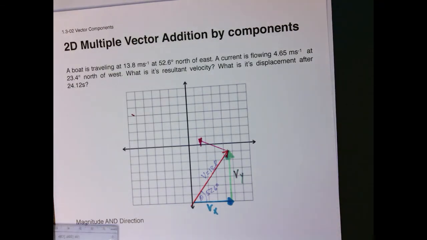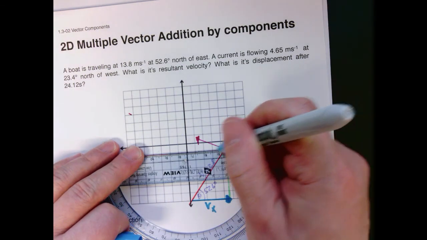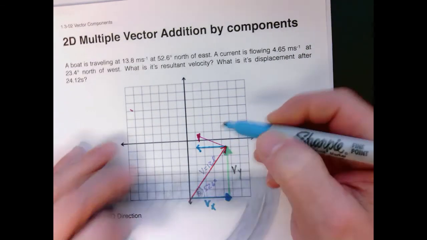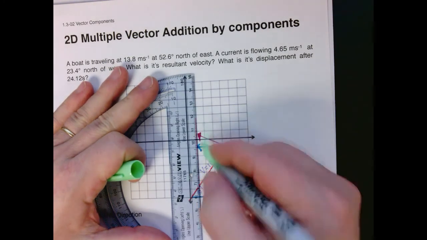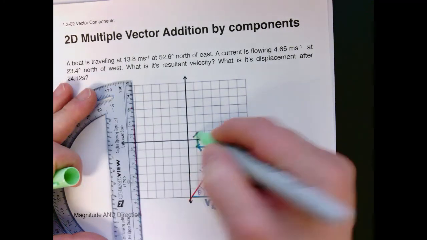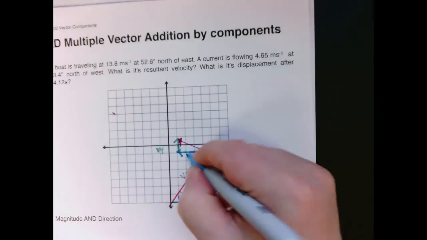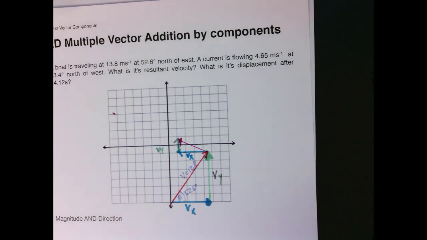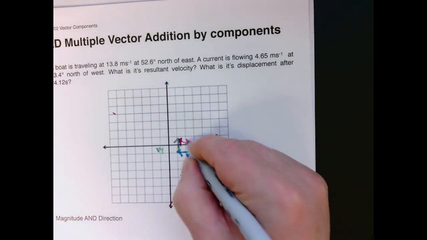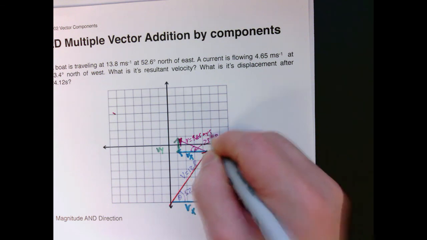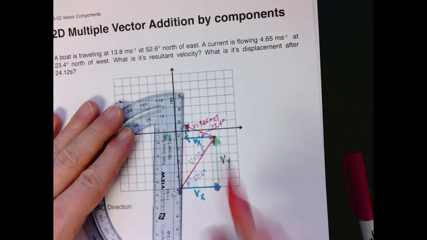So now we see we have a Vx that looks like this, and we have a Vy that looks like this. And this angle here is 23.4 degrees, and this velocity is 4.65 meters per second. Now, of course, the resultant overall is going to be this.